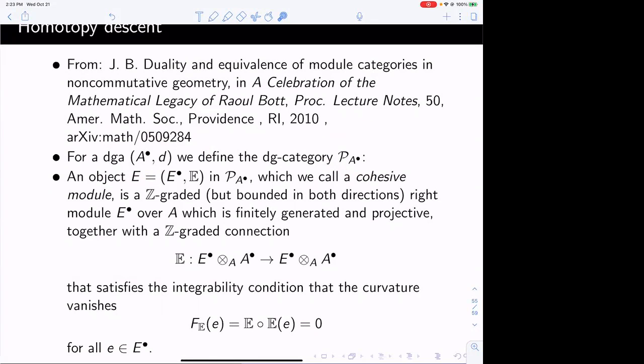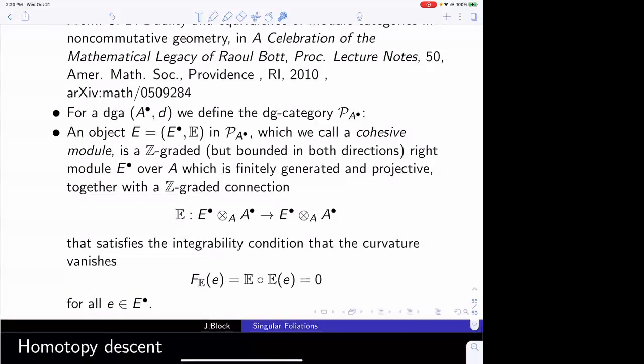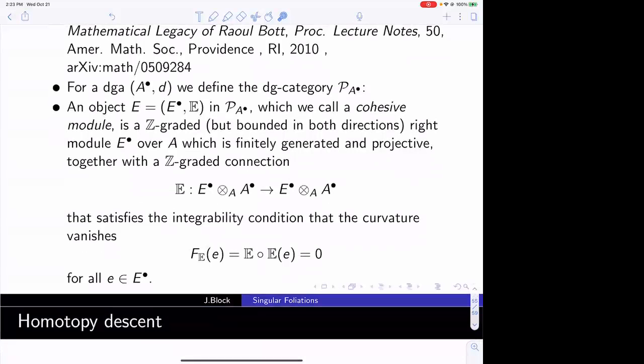If you don't know what a DG category is, it's not important. The only thing that's really important here is what an object of this category is. So an object E is in P sub A dot, which is called a cohesive module.